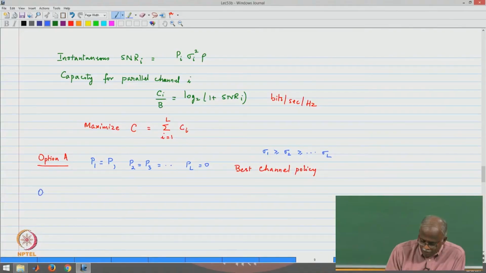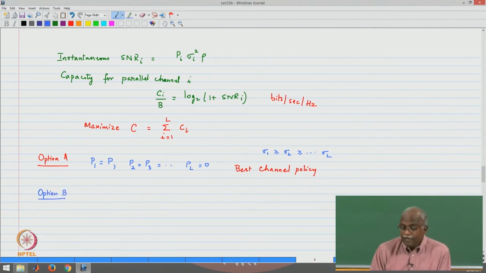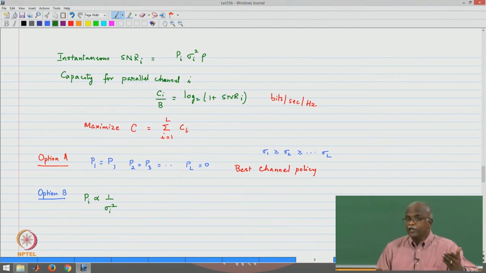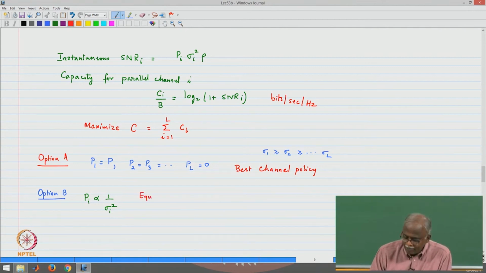So, option B, where we try to use all of the channels and come up with the following scheme, where we say that I am going to transmit Pi proportional to 1 by sigma I squared. So, in other words, for those channels that are not so good, where sigma is small, we are going to allocate more power, and so this would be referred to as an equalization policy.